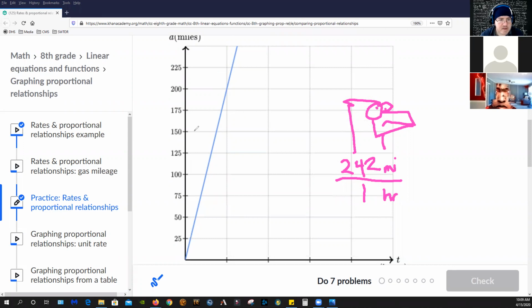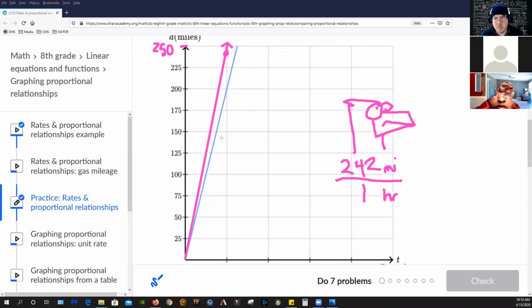The y-axis, okay, so here's 1 hour, and 242 would be, I don't know, 200, 225. Okay, it skips by 25, so that means that right here at the top would be 250. So a peregrine falcon at 1 hour would be somewhere right around here maybe? So this would be a peregrine falcon graph.